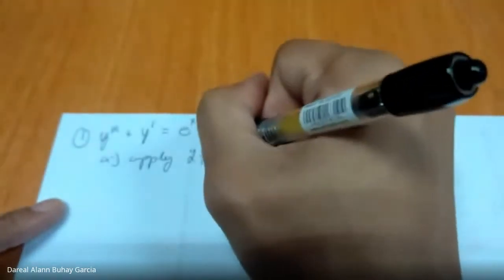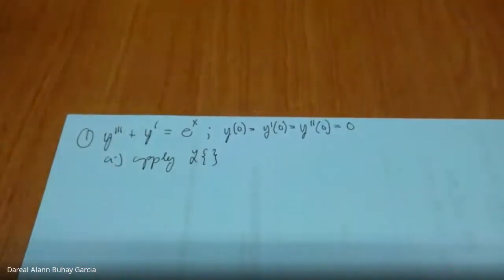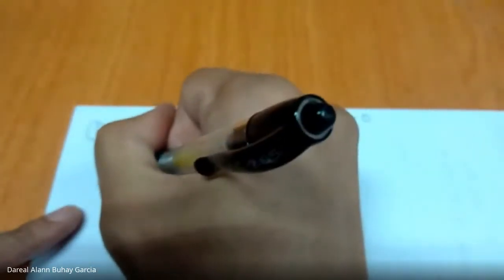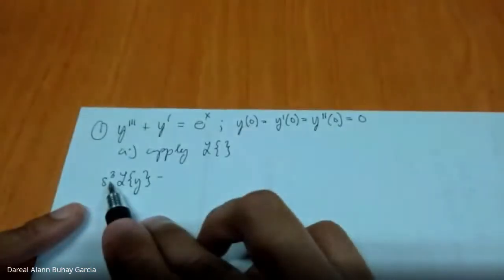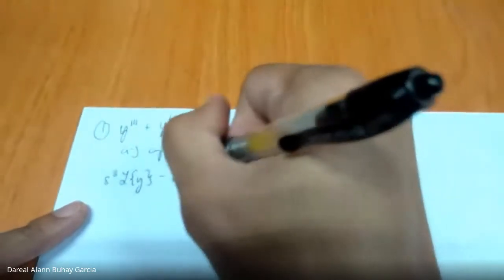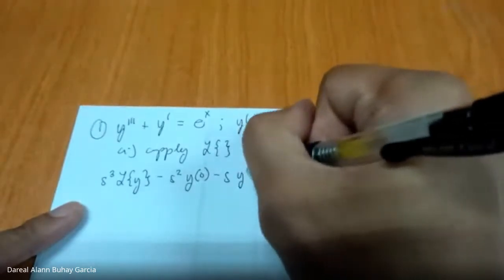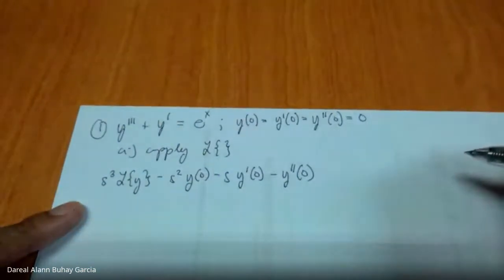Laplace transform, of course. So using our table, the third derivative is equal to s cubed, the Laplace of y, minus, with the power of s decreasing, s squared y of 0, minus s y prime of 0, minus y double prime of 0.